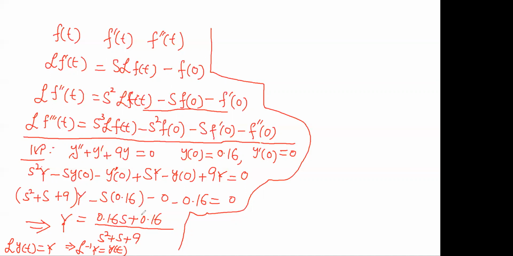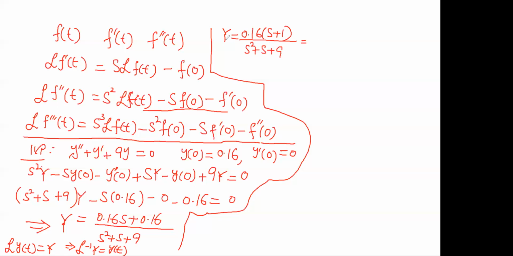But for finding its inverse, we have to do some manipulation. So this is the most difficult part in Laplace transforms, because sometimes it does not simply work. So in this case, I can take 0.16 as common. So it will be 0.16 times (s plus 1) over (s squared plus s plus 9).